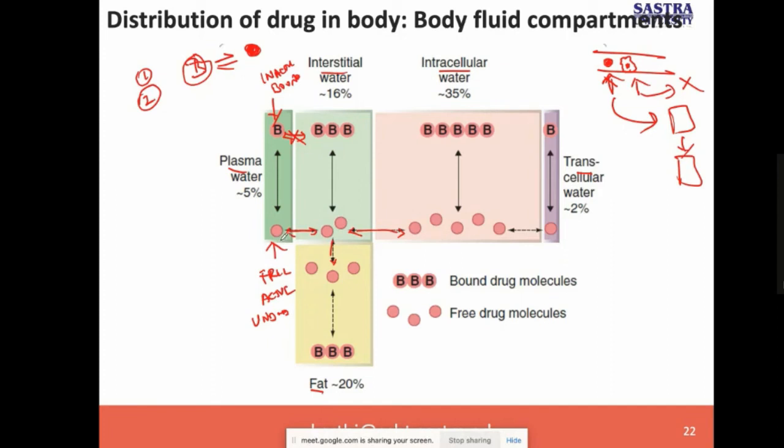Second, the bound form and the free form exist in equilibrium. The bound form dissociates into free drug molecule and protein, and the free drug molecule and free protein associate back to form the complex. An equilibrium exists between association and dissociation. Is that understandable?